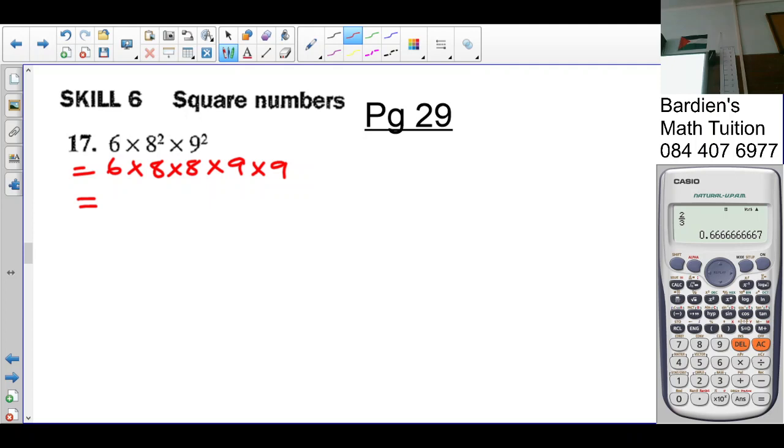Right, so 6 times 8 is 48, not so? And 8 times 8 is 48 times 8, so it's going to give 64, that's going to give you 32, 38, correct?